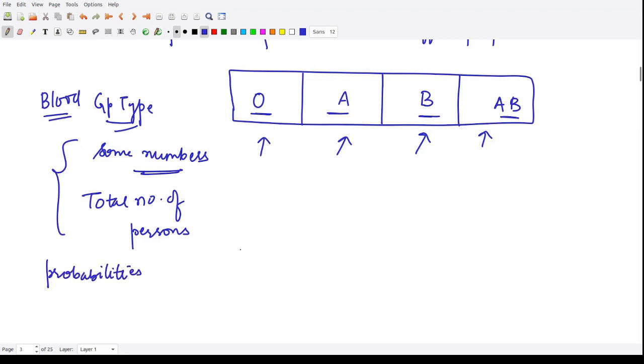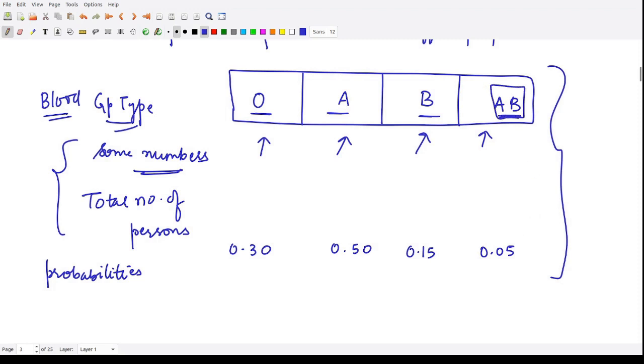So suppose in the first case the probability is 0.30, in the second case it is 0.50, in the third case it is 0.15, and in the fourth case it is 0.05. So from here you have a basic idea that the people having blood group AB, they are very rarely found.